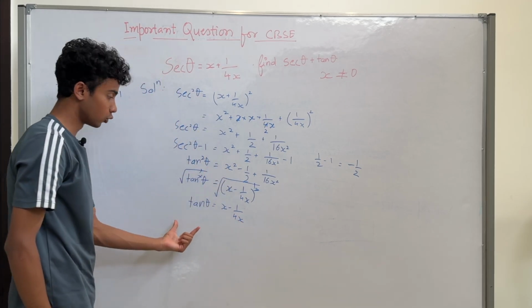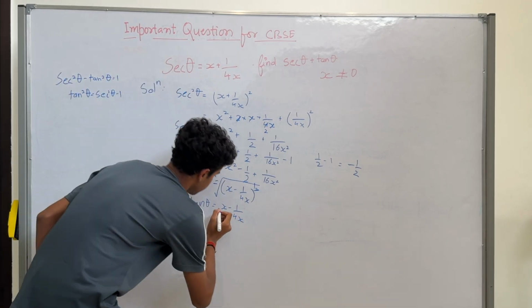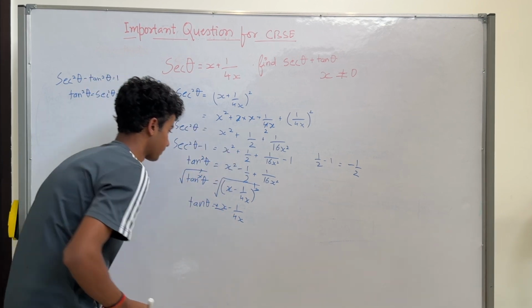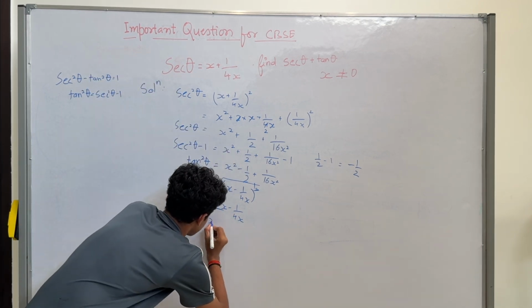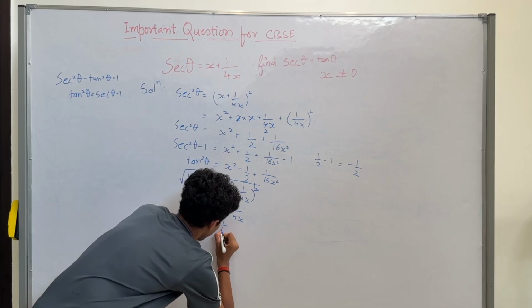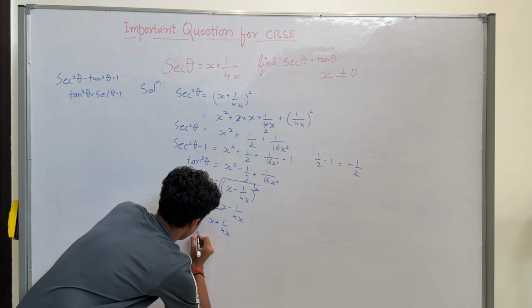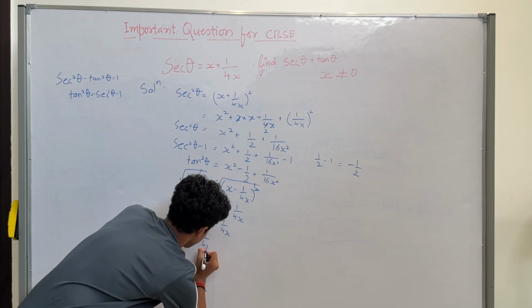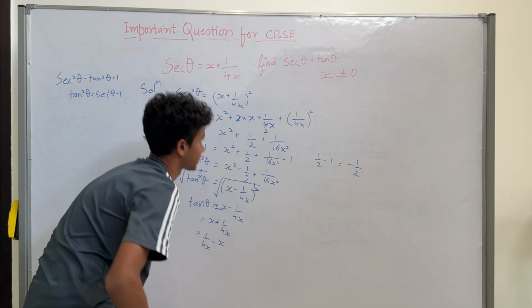Don't forget there's two values for tan theta. It's plus minus. Okay. So we'll get x minus 1 by 4x, and then we get 1 by 4x minus x.